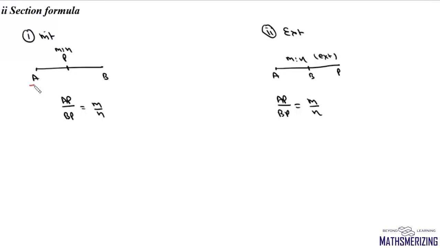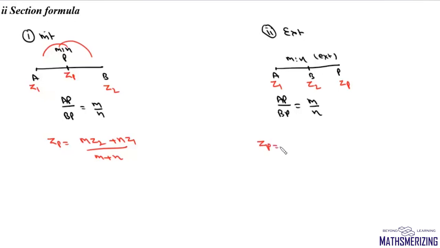Now, suppose A is represented by Z1 and B is represented by Z2, then this point P, which is represented by ZP, is given by (m·Z2 + n·Z1) upon (m + n). Now, for external division, again, suppose this is Z1, this is Z2, and this is ZP. So, we can write this ZP as (m·Z2 − n·Z1) upon (m − n).